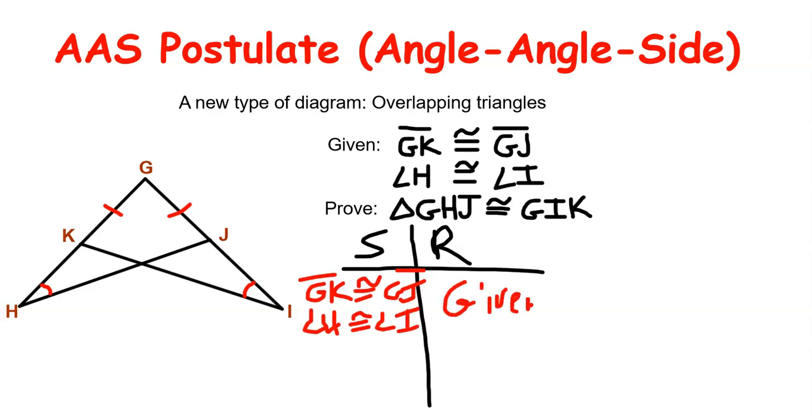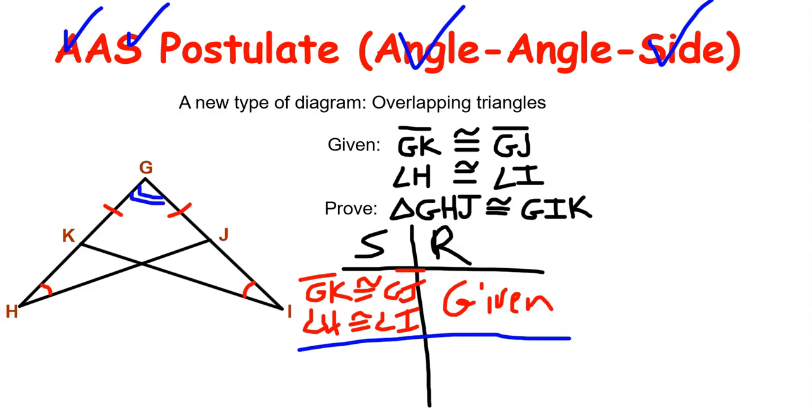Parts of the given. And here we have a side and an angle. Now, what we also know between these two triangles, GHJ and GIK, is we don't know anything else about any of the sides, but they both share this angle G. In triangle GIK, we can see GK is connected to that angle there, and in triangle GHJ, we can see that that angle is also connected to the side that we know is congruent.